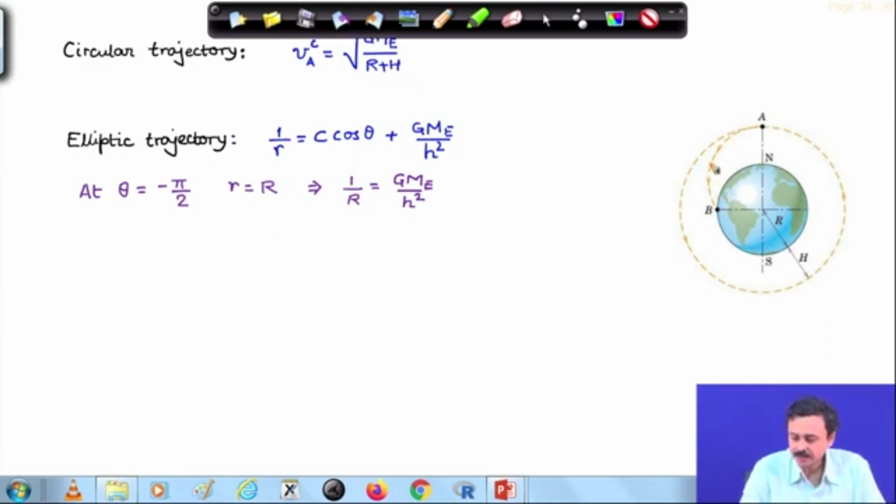This satellite is moving on this path, and this is an elliptic path. This is a hypothetical path, of course, right now. Theta is always measured in the direction of motion from the perigee. Therefore, if this point is the perigee, then theta is measured from here. So, this angle is theta.